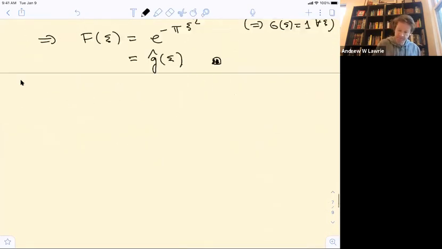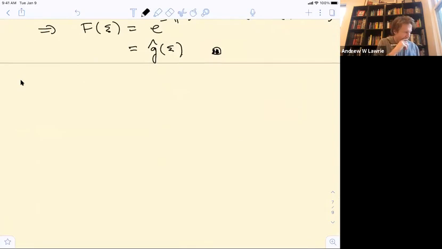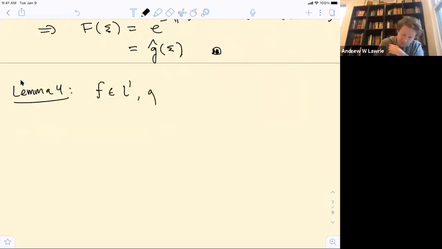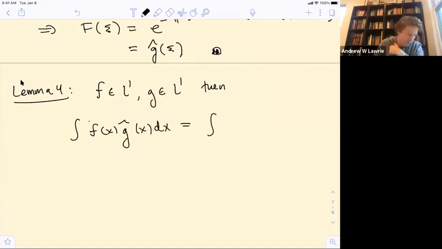Almost there. So Lemma 4 is that if I take f in L1, it's a general lemma, and g in L1, just any L1 functions, then the integral of f of x g hat of x dx is equal to the integral of f hat of x times g of x dx.